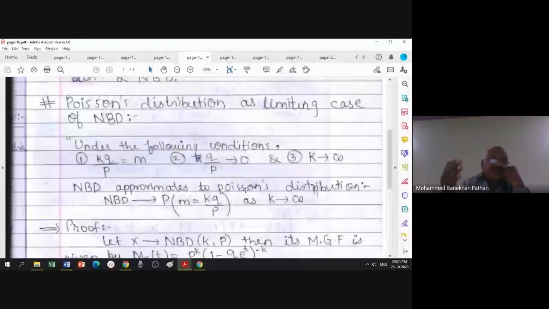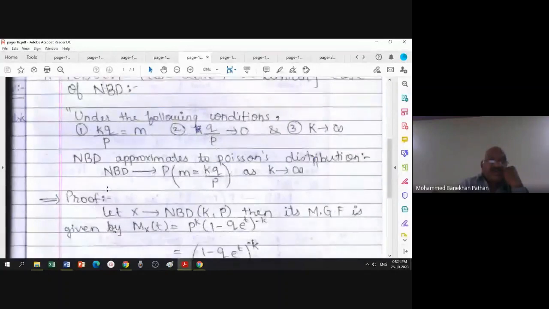Sum of geometric becomes NBD, and the limiting case of NBD becomes Poisson. So finally, I write this statement by notation. NBD follows Poisson. P is not probability, P is the symbol of Poisson with parameter m. And what is m? kq by p. When is this going to happen? This will happen if k goes to infinity.